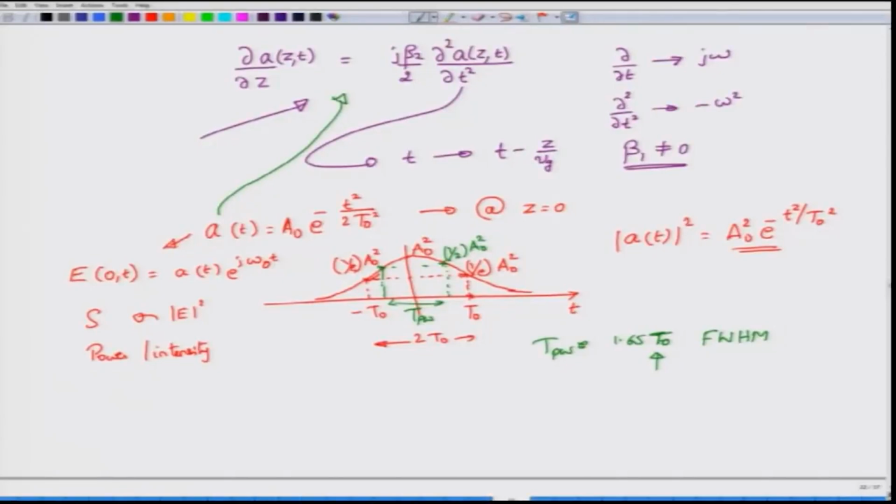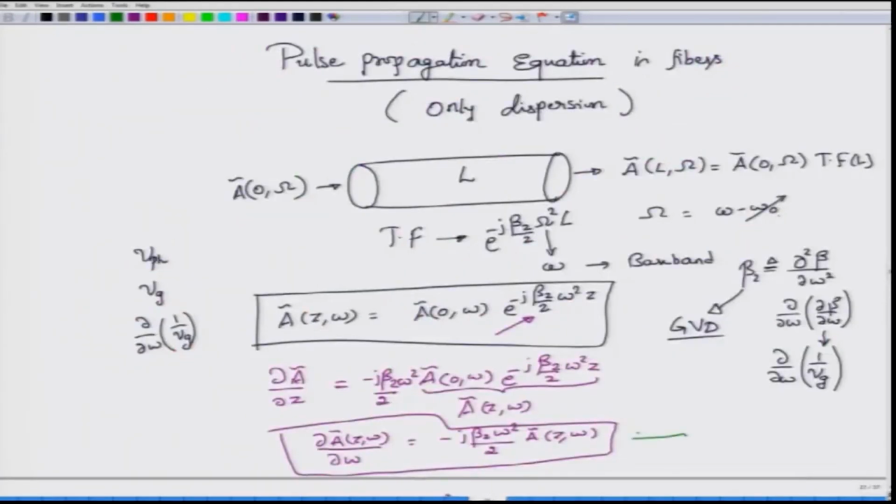So, how do I go and solve this equation? Instead of solving it directly, I will use something that I already know. I am going to take the Fourier transform and then multiply by e power minus j beta 2 by 2 omega square z, and then take the inverse Fourier transform to obtain A of z, t.